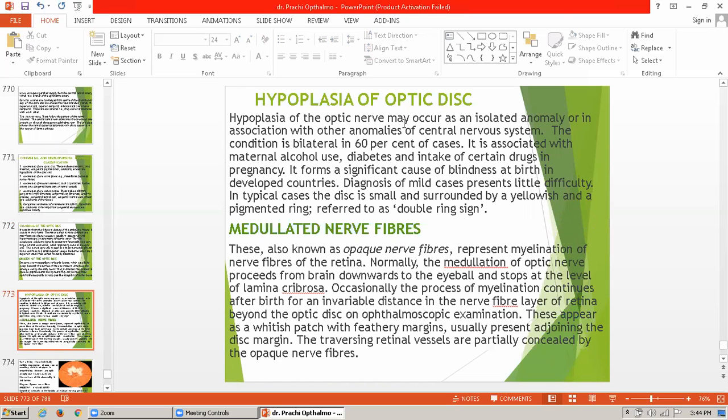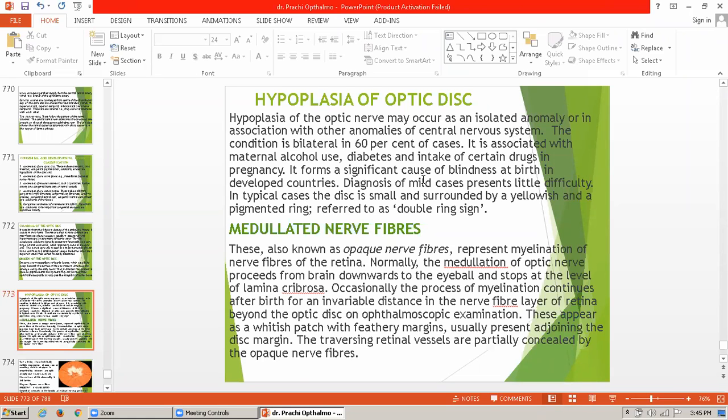Then hypoplasia of the optic disc. Hypoplasia of optic nerve may occur as an isolated anomaly or in association with other anomalies of central nervous system. The condition is bilateral in 60% of cases and is associated with maternal alcohol use, diabetes, and intake of certain drugs in pregnancy.